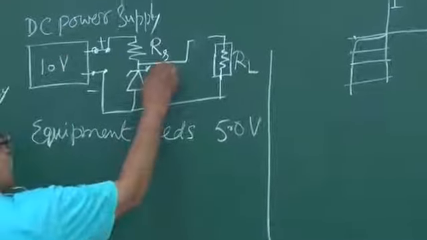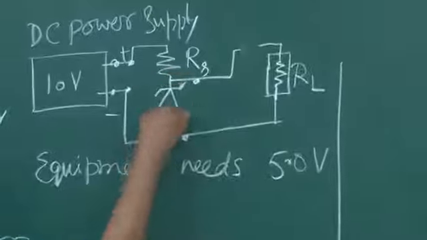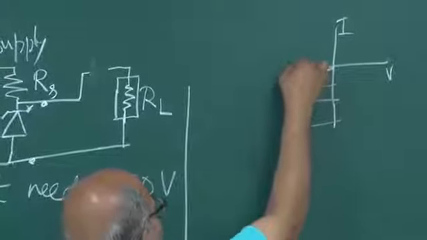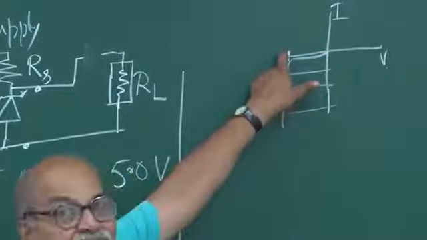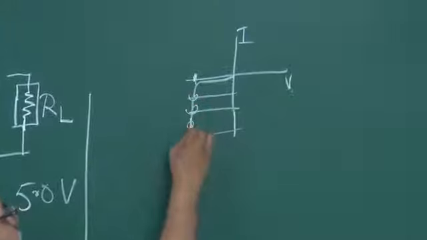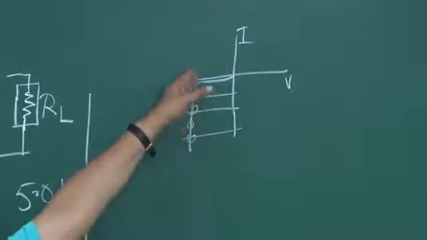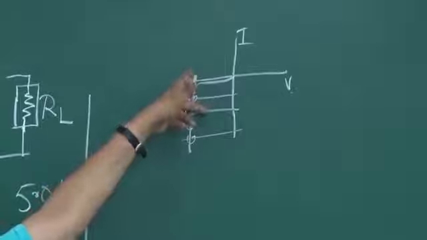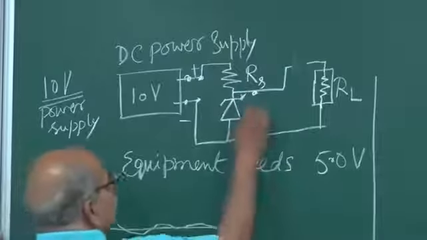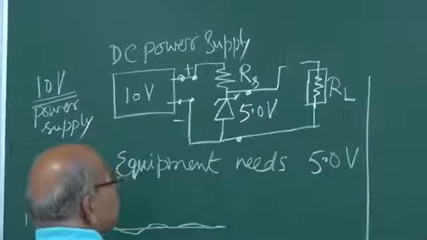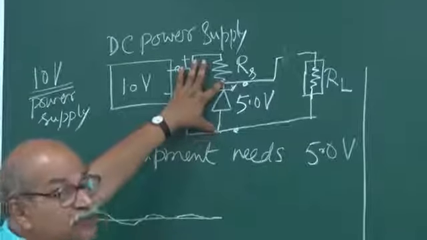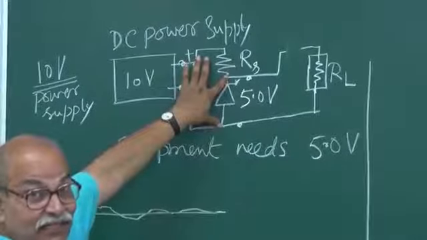And the voltage across this Zener, remember this IV characteristic, when it is operating in this breakdown region, we are operating somewhere here. So the voltage is fixed, and that is the breakdown voltage, 5.0 volt. Whatever be the current, the voltage here is 5.0 volt if you are operating in that breakdown region.